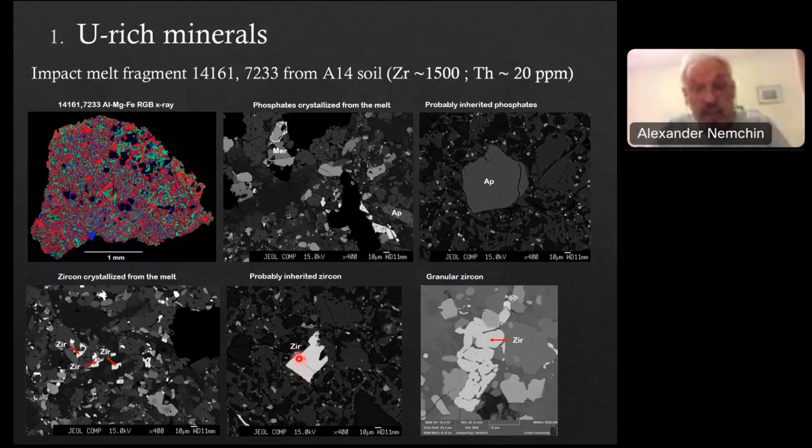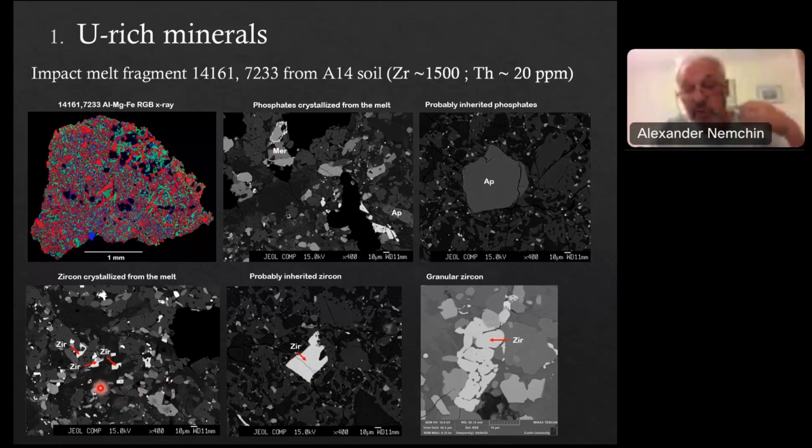On the other hand, there are phosphates like apatite and merrillite here, and zircons that are clearly growing from the melt. They are part of this assemblage of pyroxenes and plagioclase, and they sometimes have intricate terminations. It's very hard to imagine that they are fragments surviving the impact event.